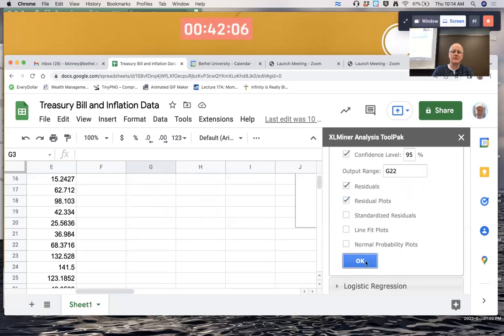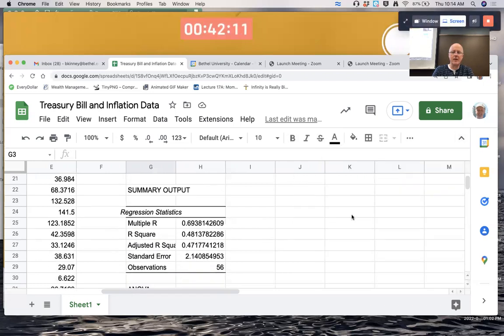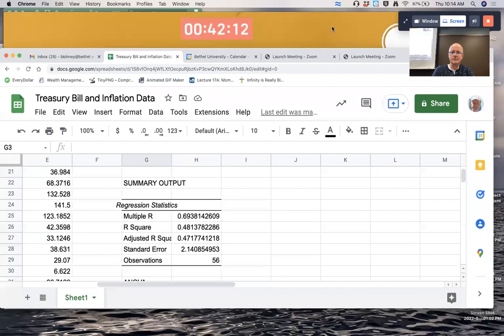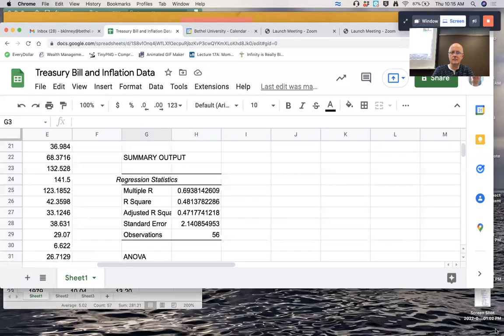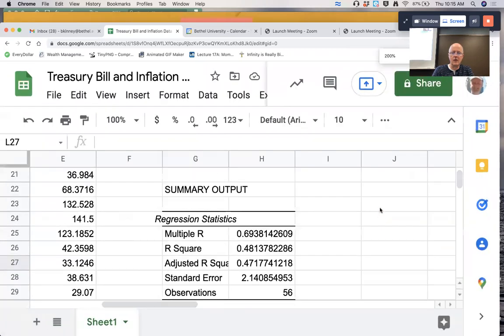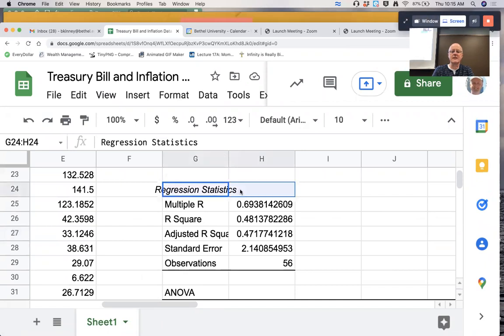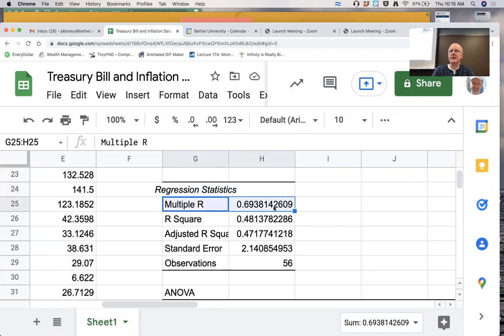Does a little work and gives you some output. What do we see? First, there's regression statistics. Multiple R is effectively R, the correlation.